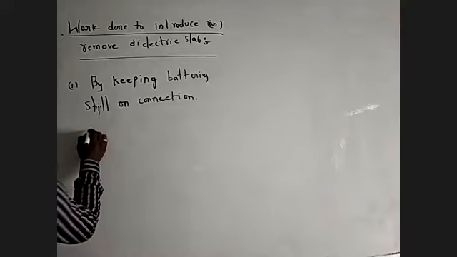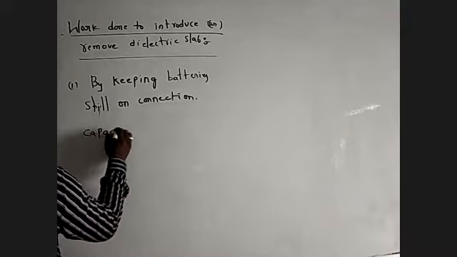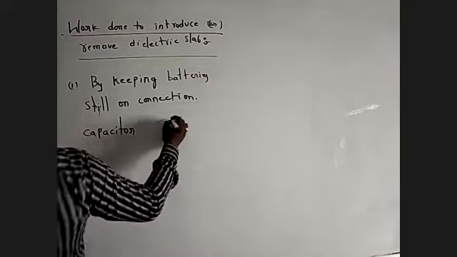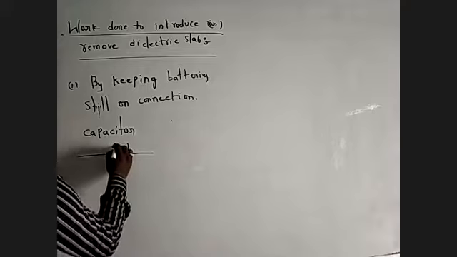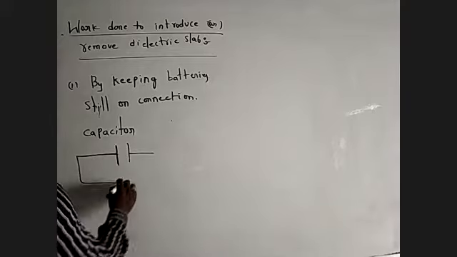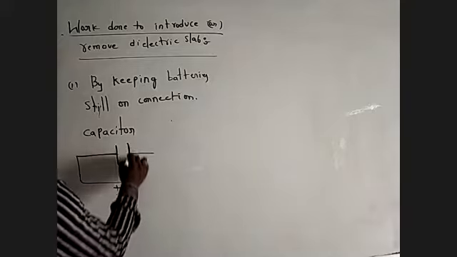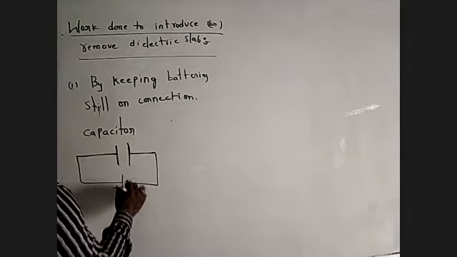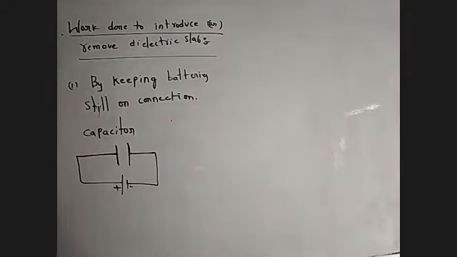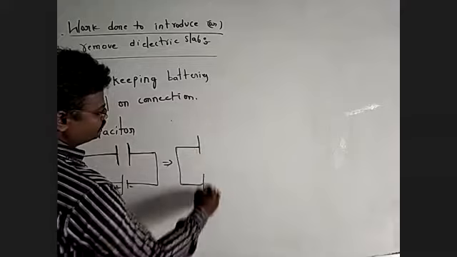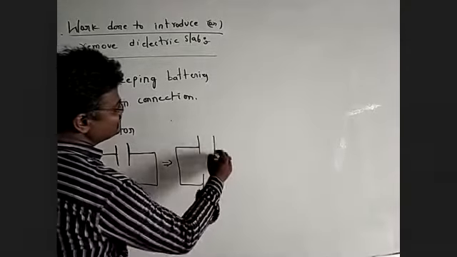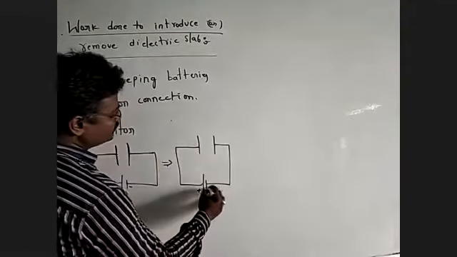Connection means this is a capacitor. The first plate is connected to the positive terminal of the cell. The second plate is connected to the negative terminal of the cell.